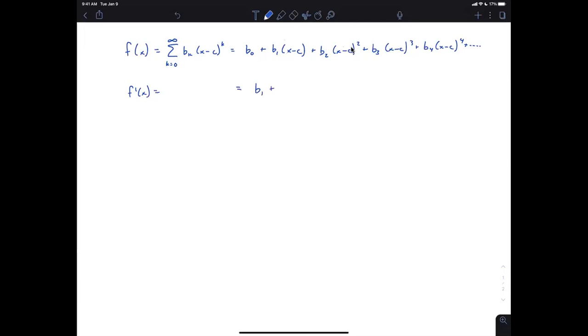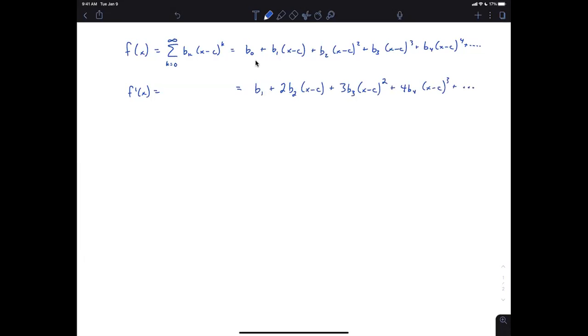The derivative of the next part, you bring the 2 down, so you get 2b2 times x minus c to the first, and then times 1 for the chain rule. And then you get 3b3 x minus c squared, and then 4b4 times x minus c to the third, and so on.